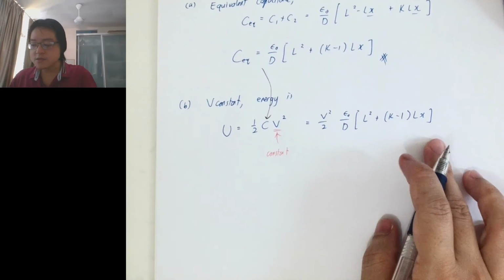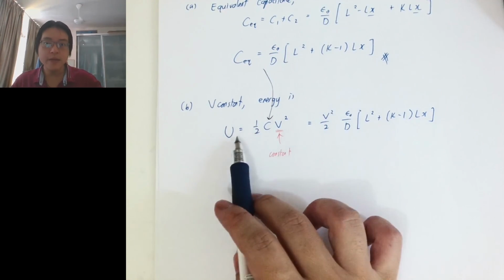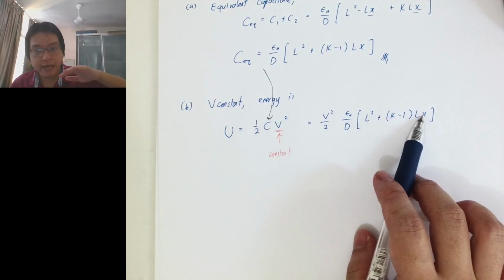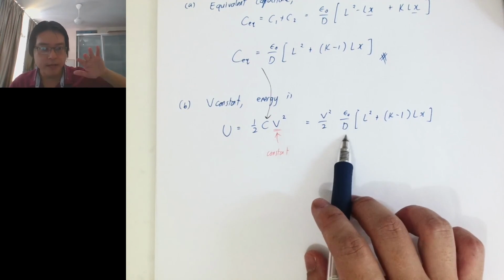So this is a function of X, and my energy depends on X. V is constant, epsilon is constant, D is constant, fine.